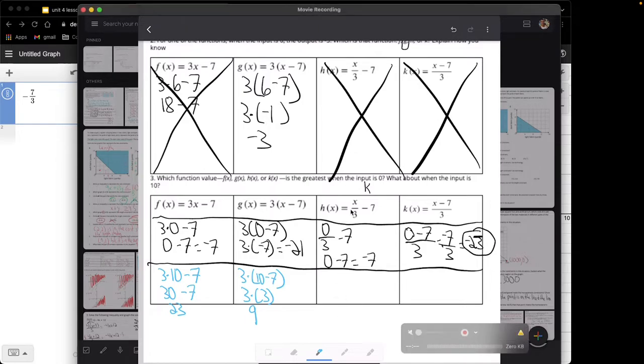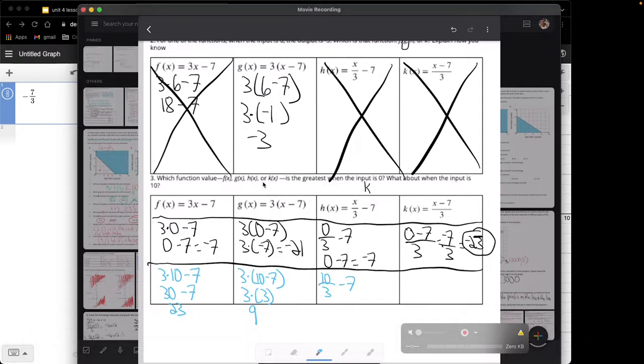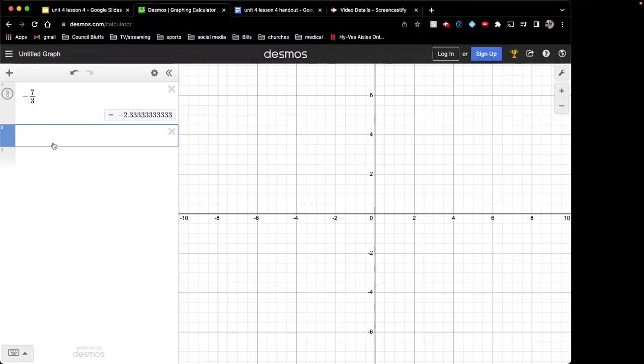Okay. If I look at h now, this will be 10 divided by 3 minus 7. Okay, 10 divided by 3, that's going to be a decimal, so I'm going to use Desmos again. So 10 divided by 3 is 3.3.